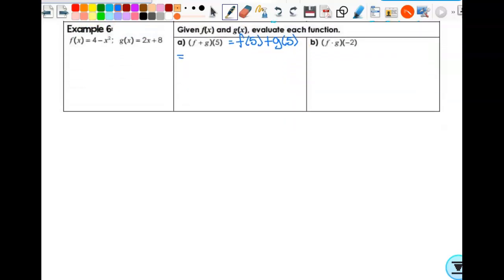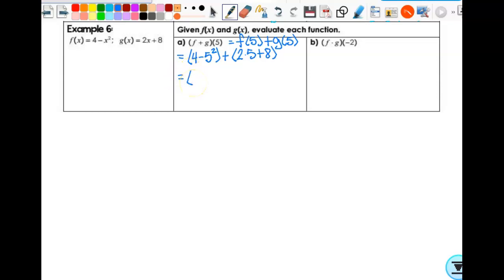So f of 5, this is going to give me 4 minus 5 squared plus g of 5, which is 2 times 5 plus 8. And I just substituted it in when I added them.